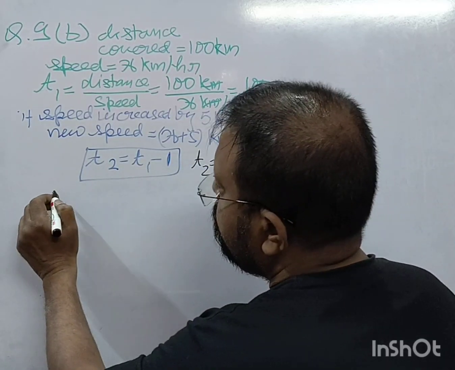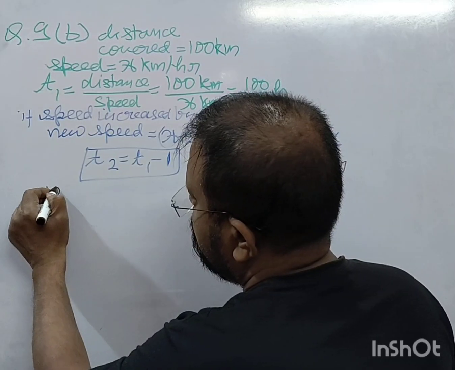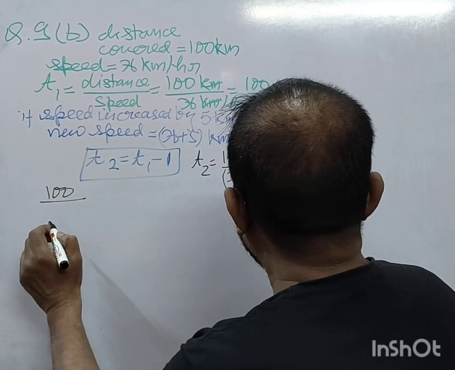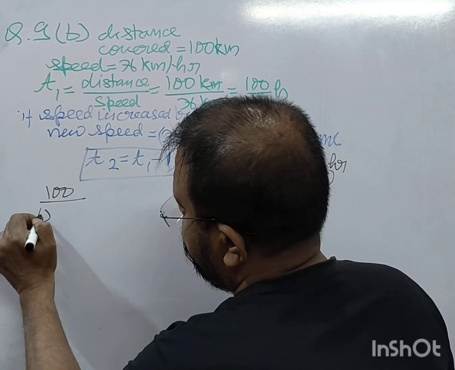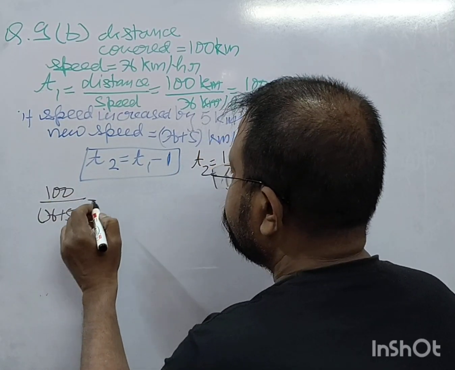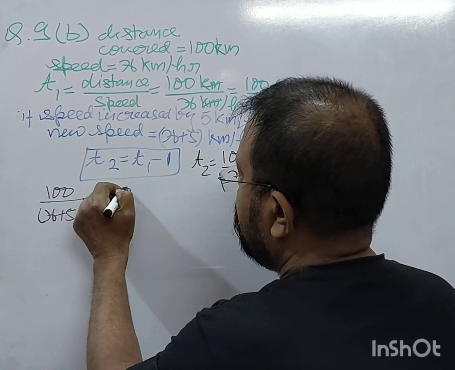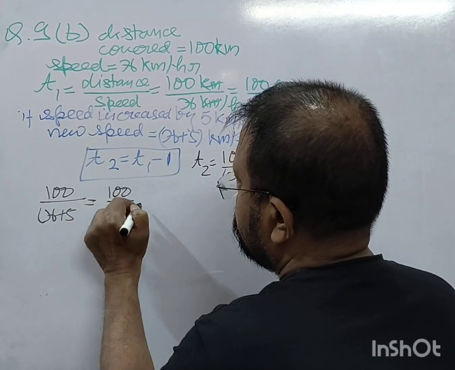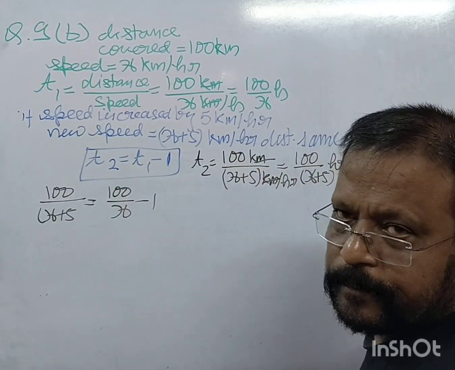So we write 100 upon x plus 5 is equal to 100 upon x minus 1.